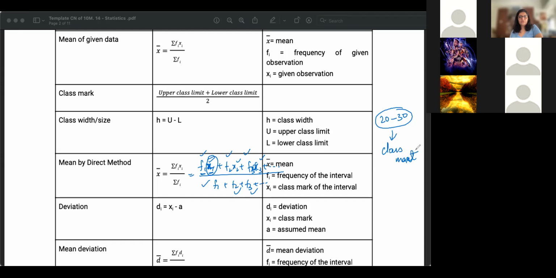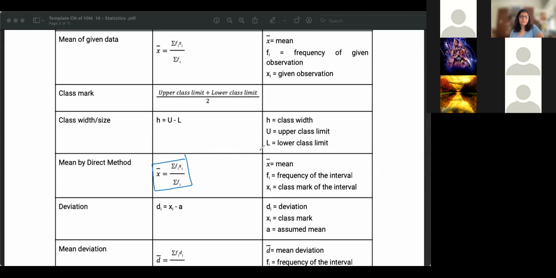So frequency is given, and xi will be the class mark. Just create 2 more columns, one for xi and then one for f into x. After that you just sum it and divide it by the total of the frequency, and you'll get the mean. So this is pretty direct. Note down the formula, mean by direct method, and also note down what each of these things means: what is x bar, what is fi, what is xi.